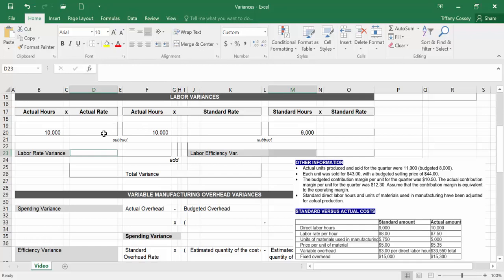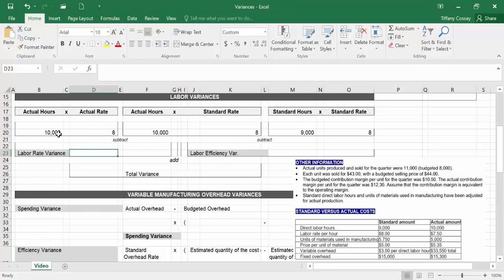Then we have our rate, and the rate is the next line down. The labor rate per hour, the standard was $8. And the actual amount was $7.50. So in order to do that calculation, we need to multiply each of these subsets.